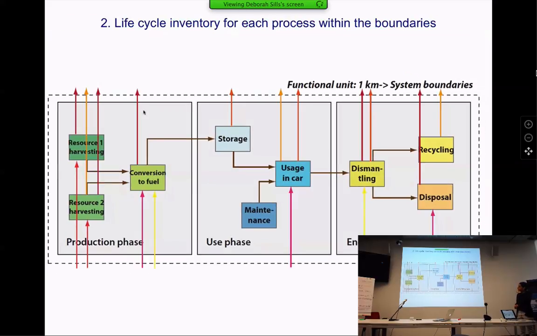Well, you want to do this for every stage in your process, every unit process. And luckily there are databases that can help you with this. For your conversion to fuel, if it's a new process, like Katie, you're working on some very novel new process, you're going to have to make your own inventory.